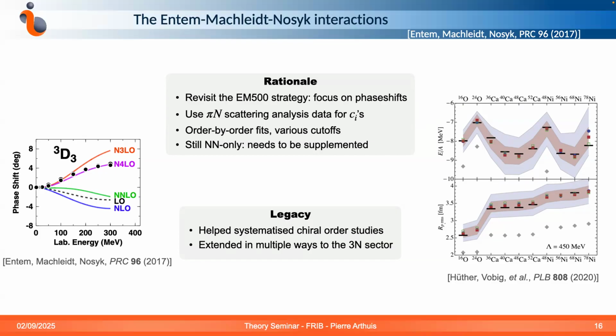And you see that the lower the cutoff they have, the larger the value of CD, and it's relatively dramatic. If I remember correctly, for a cutoff of 550 MeV, they have CDs of like 3 or 4, and then moving to 450, they get a CD of 9 or 10. So I think those large values really show the effective resumming of higher momentum, higher energy interaction into the whole SRG plus low cutoff procedure.